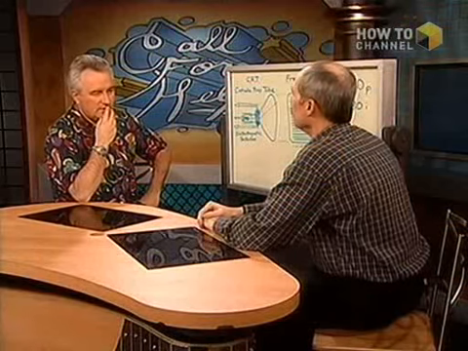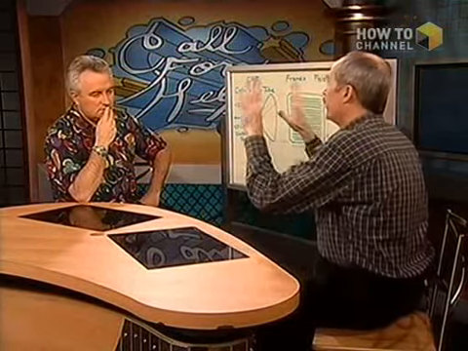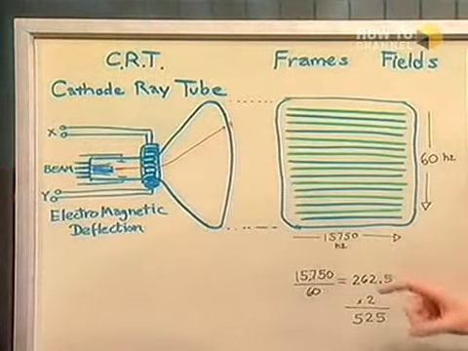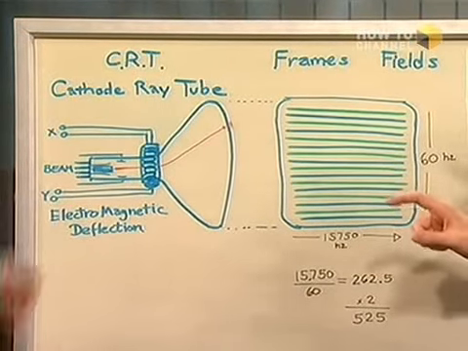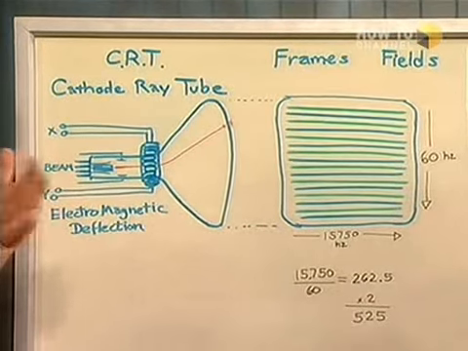Now that puzzles me, because a movie is only 24 frames a second. Exactly, except that the frame is lit for most of the time and only blacks out when the frame changes. Whereas here, the beam is at a certain spot on the screen and it doesn't come back until it comes back around. So your TV is really flickering all the time.